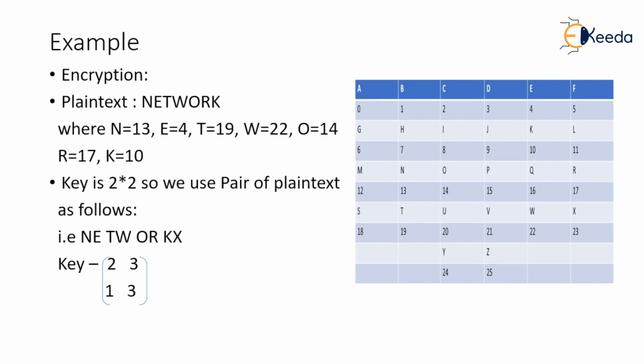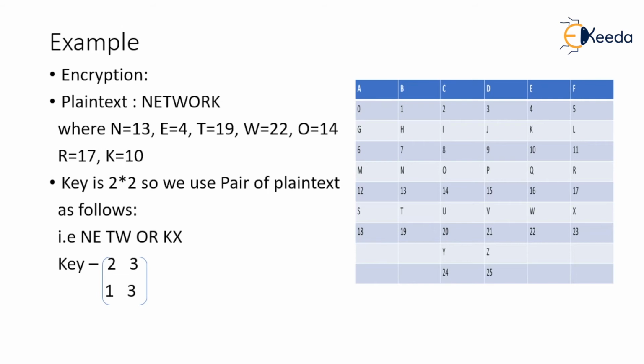We can see here that every alphabet is assigned its corresponding number: N is 13, E is 4, T is 19, W is 22, O is 14, R is 17, and K is 10. You can verify these numbers from the table given in this slide.